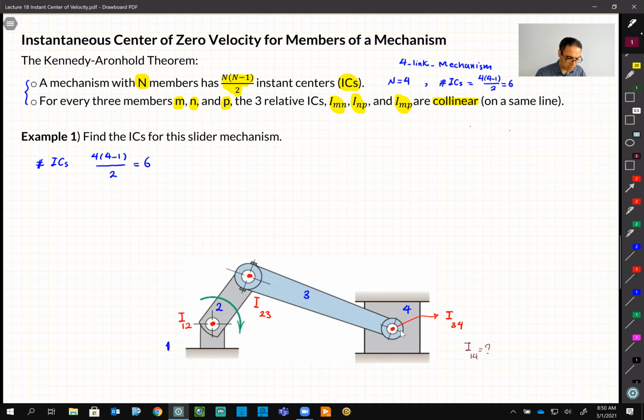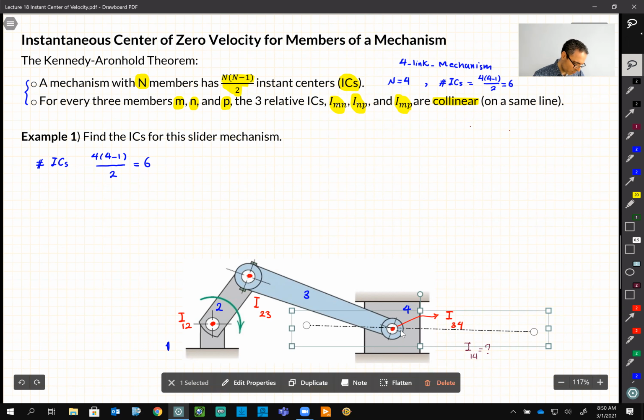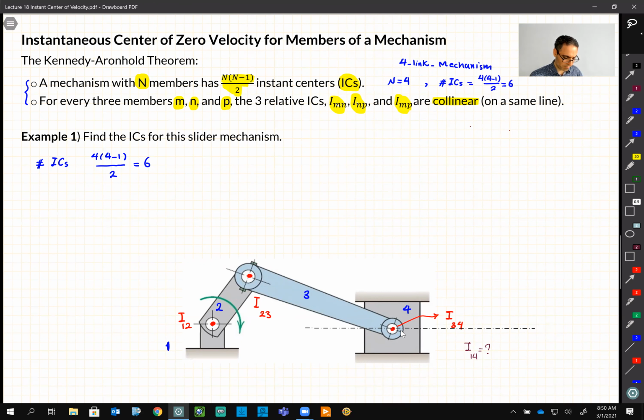If it's moving on a straight line, what is its center of rotation? If this slider is moving on a straight line, what is the center of rotation?